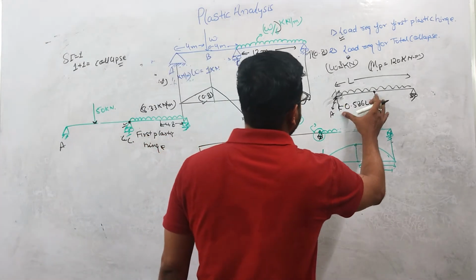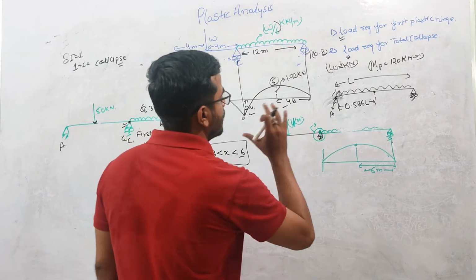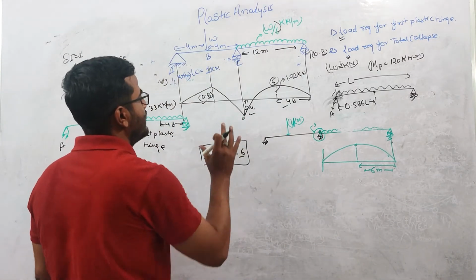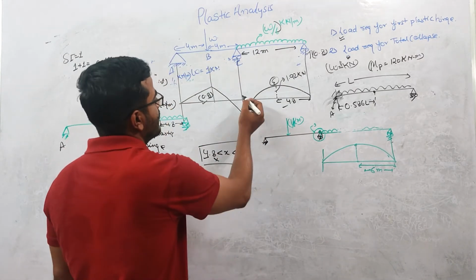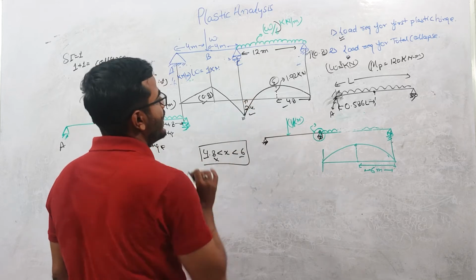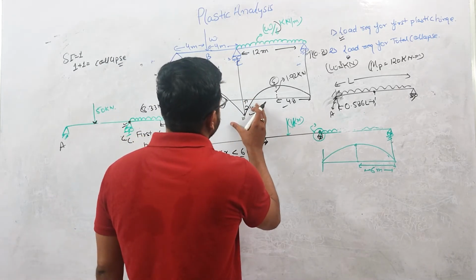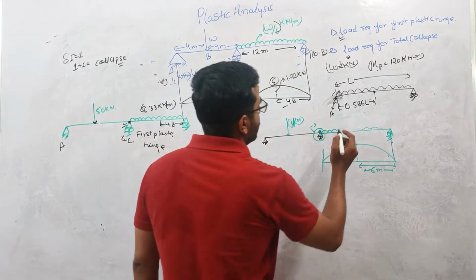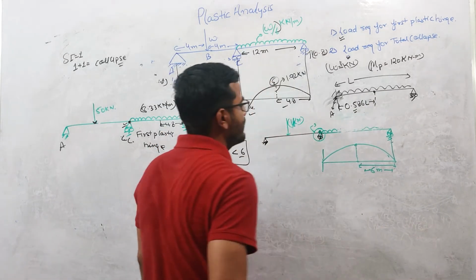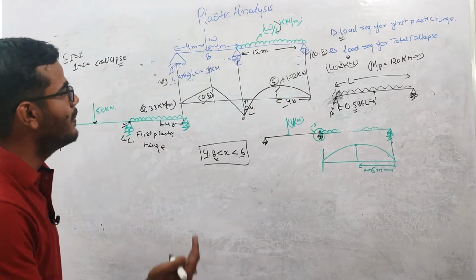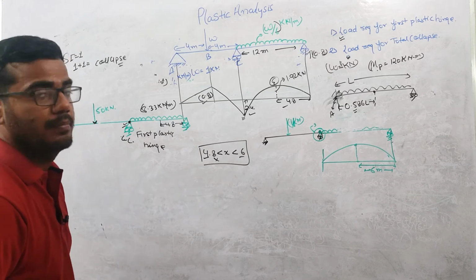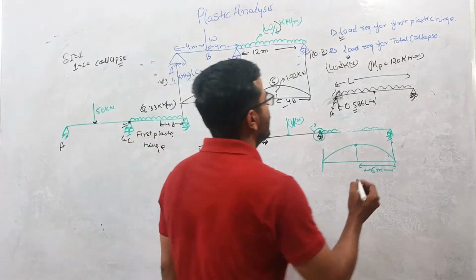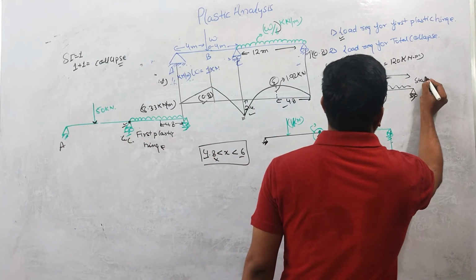You can relate this case to that case. Initially this is a type of propped cantilever beam because this portion is providing moment. After this has reached the yield state, it cannot provide any moment. So the second plastic hinge will form at a distance of 0.586 L. And we will be using this result in our problem. The derivation of this we will see later when we discuss the static method.